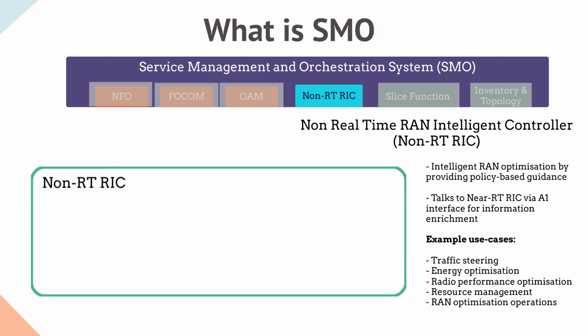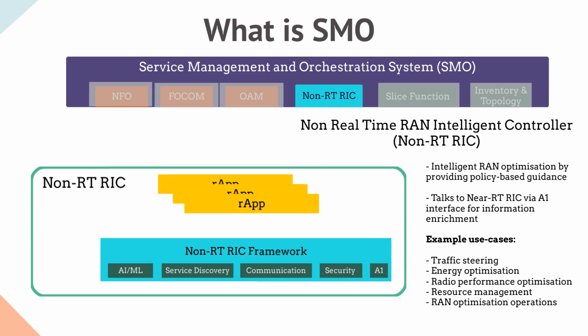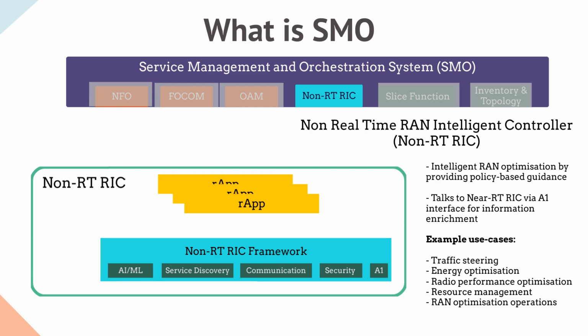The non-RT-RIC is comprised of two sub-functions. One is non-RT-RIC framework and the other is rApps. Non-RT-RIC framework is the platform which includes the platform capabilities, such as AI and ML models, communication bus, A1 termination towards the near-RT-RIC, service discovery and management, and few others.